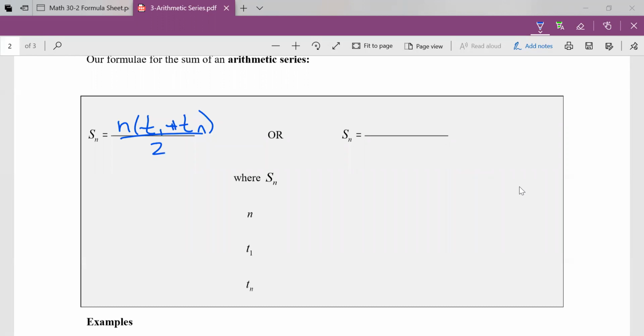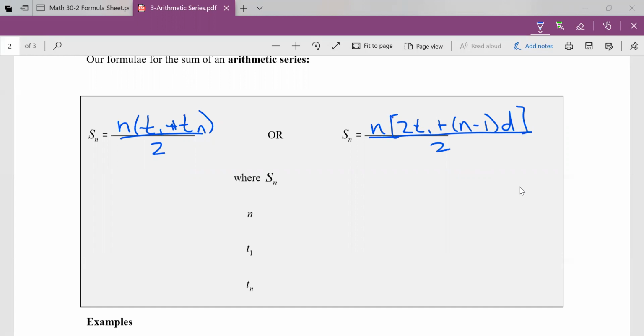Your second one, which is really just a slight variation of the first one, is n times brackets, and again, all divided by 2. I like brackets on this one because we've got these parentheses there.